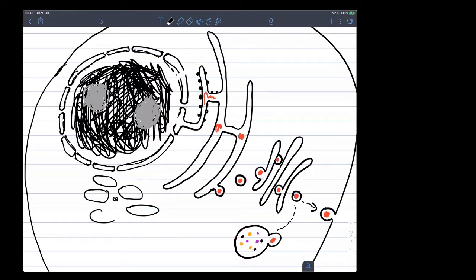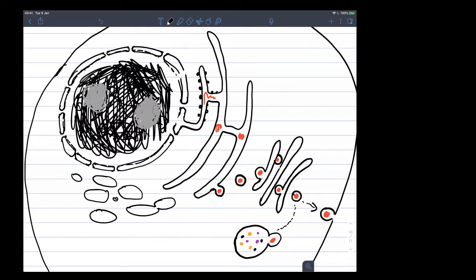It has a more bulbous appearance, but essentially it's similar in nature to the rough endoplasmic reticulum. So these are interconnected in a way that slightly has a different appearance under the microscope.